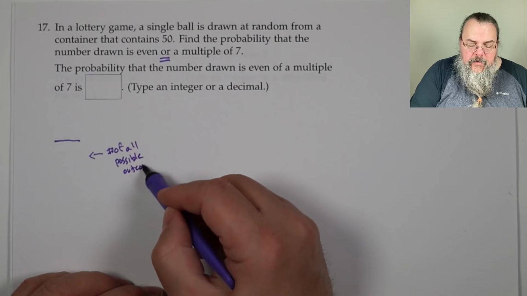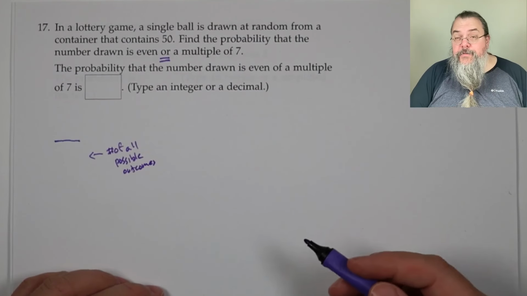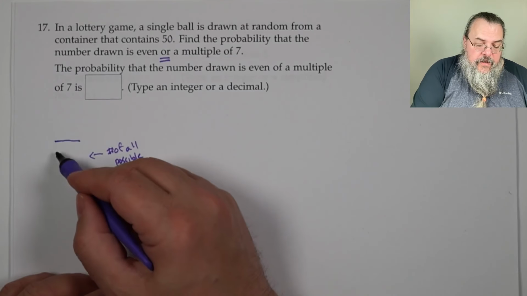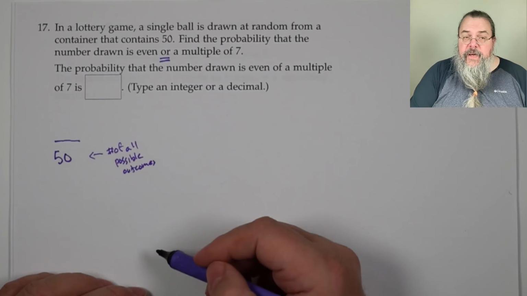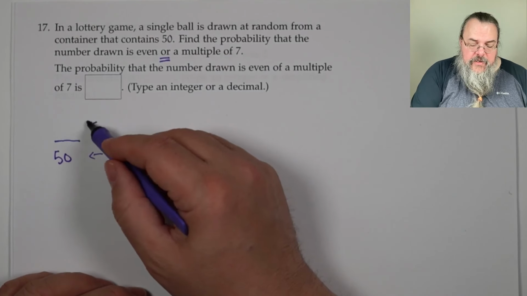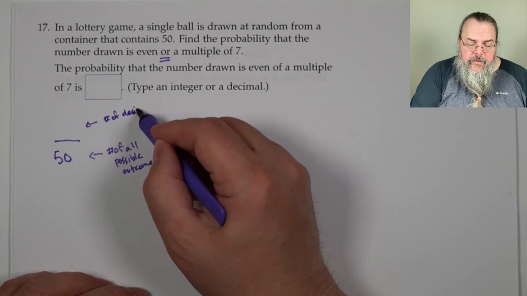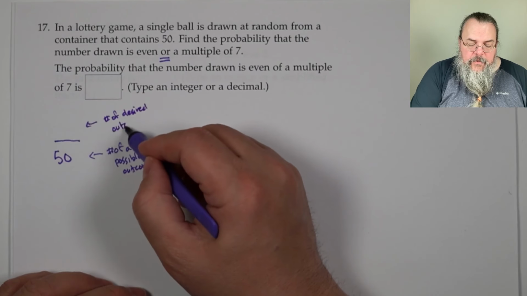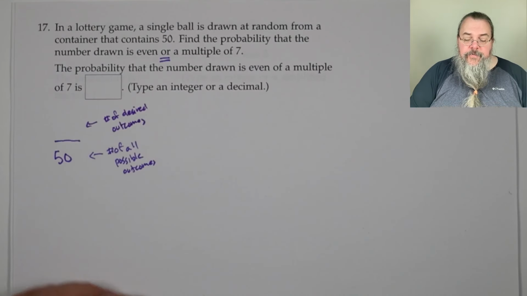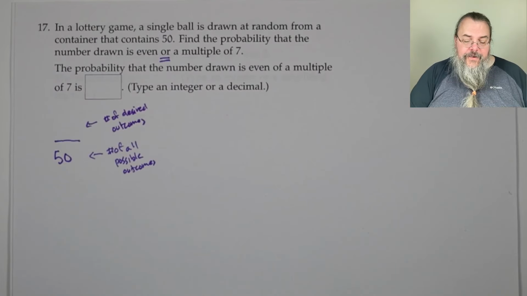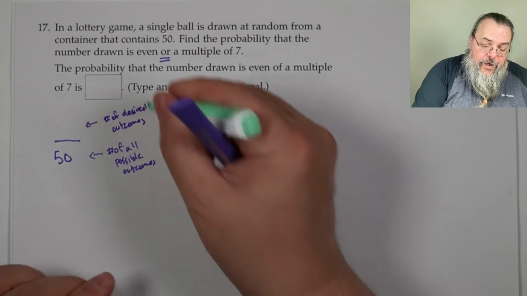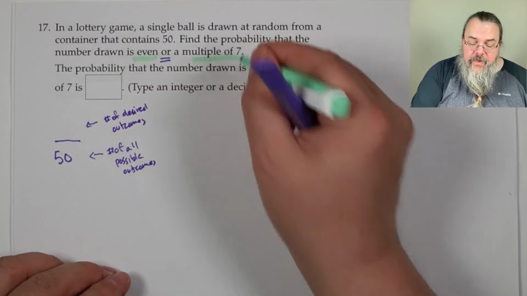For our case, we have 50 different balls, numbered 1 through 50, so there are 50 different possible outcomes. The upstairs is the number of desired outcomes. So what's the desired outcome? Well, we are either even or a multiple of 7. Those are the desired outcomes.